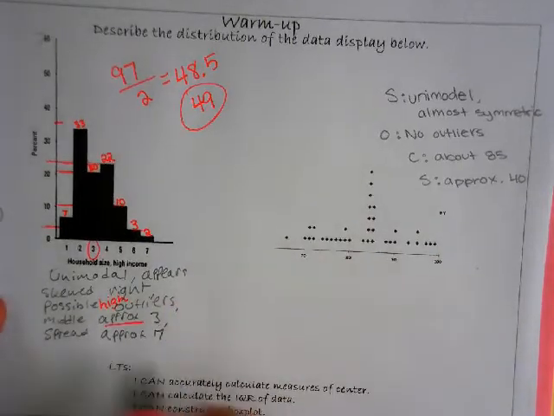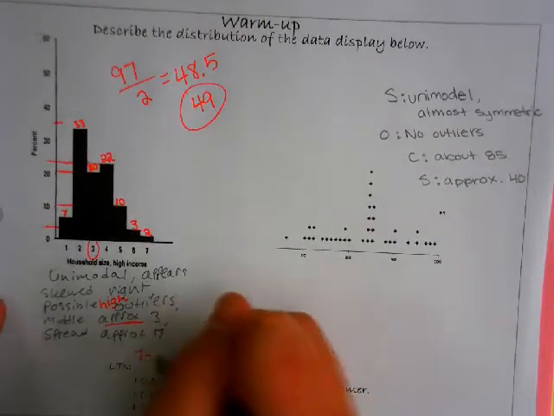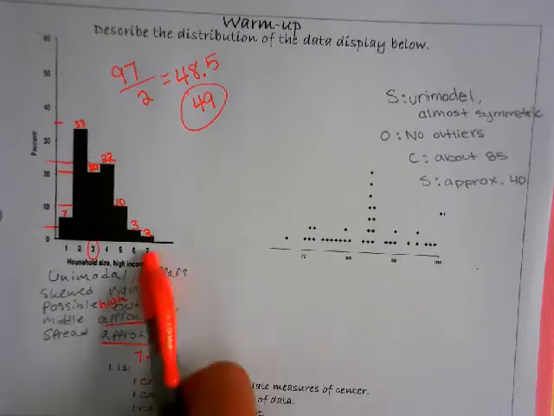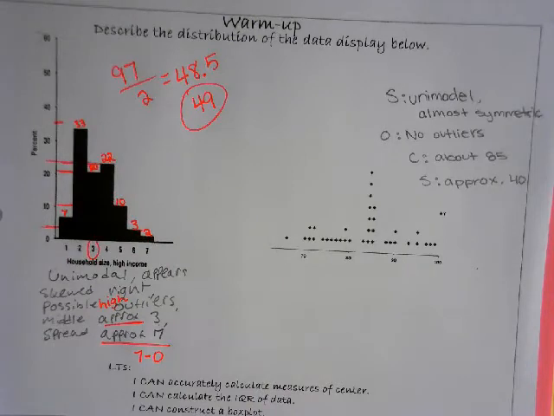So 7 minus 0 is 7, which is why Sam put approximately 7. If you put approximately 6, because you did 7 minus 1, because it doesn't touch the 0, that's a great answer as well. So you just do the highest minus lowest. Any other questions?